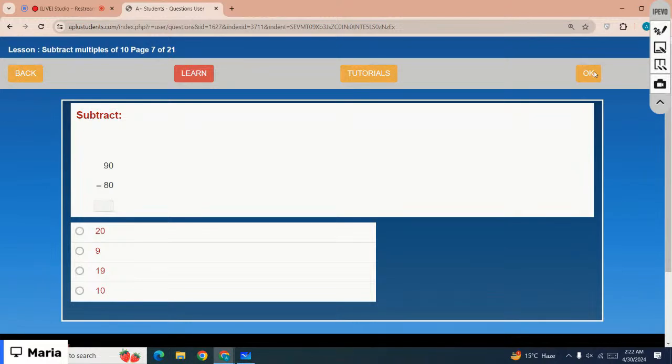The next one is 90 minus 80, which is the correct option.